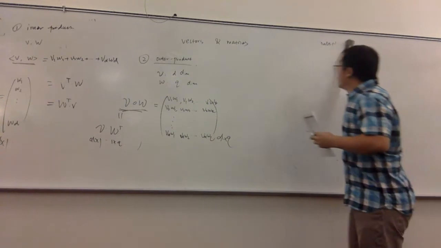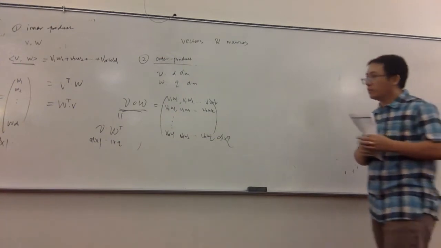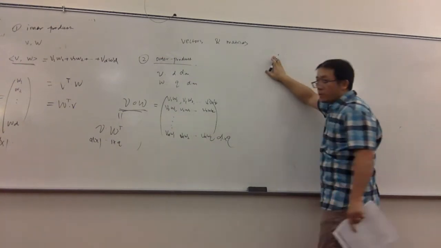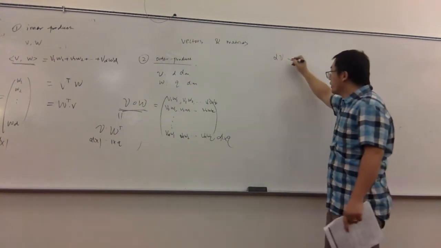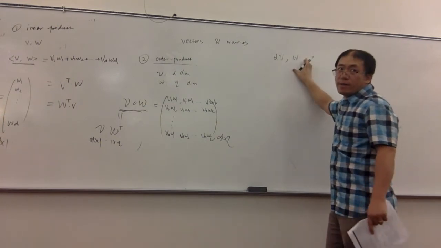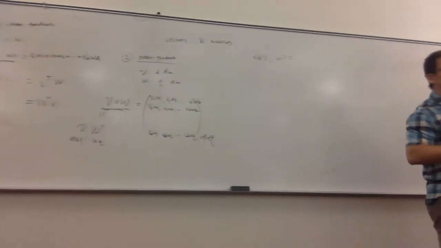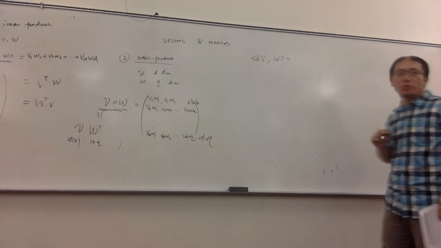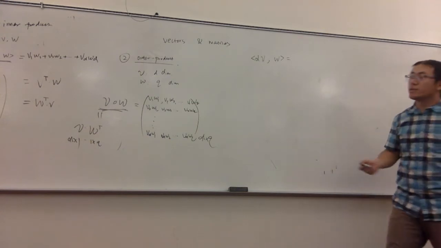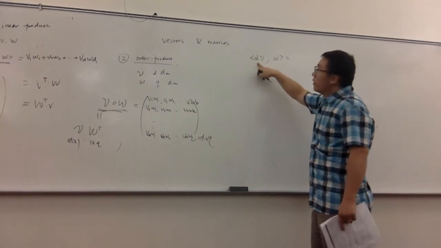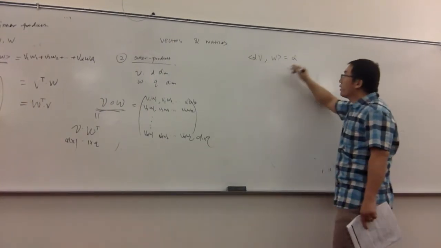So now let us consider combining the inner product with the scalar product. How about we first multiply a scalar alpha with the vector V, and then do the inner product with another vector W? What does this equal to? It equals alpha times the inner product of V and W. Yeah, this is simply equivalent to pulling alpha outside the inner product, and then doing the inner product.